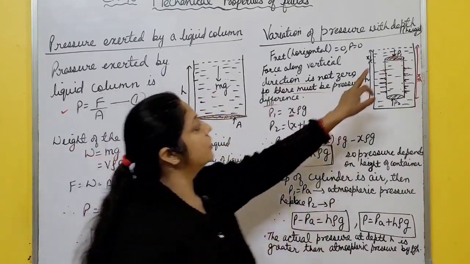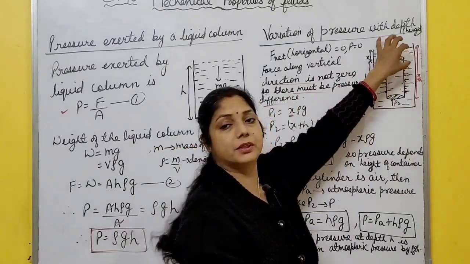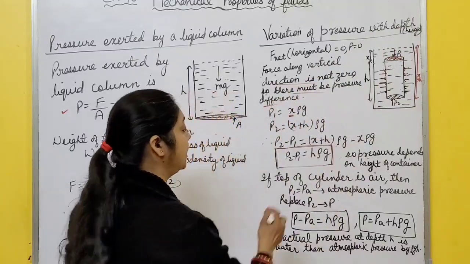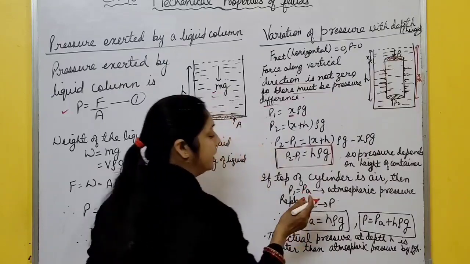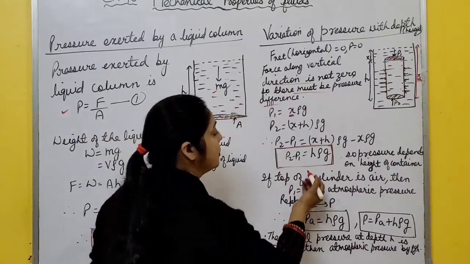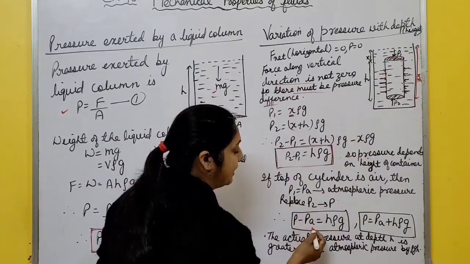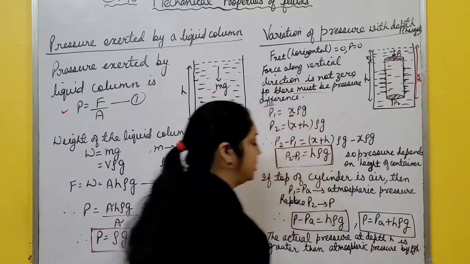If this top surface is a free surface, it means it is open from the top, and free surface means air. So if the top of the cylinder is air, then replace this P1 by PA, and this PA is called atmospheric pressure, the pressure exerted by the atmosphere, and also replace this P2 by P. So this equation becomes P minus PA equal to h rho g, or you can write P equal to PA plus h rho g.